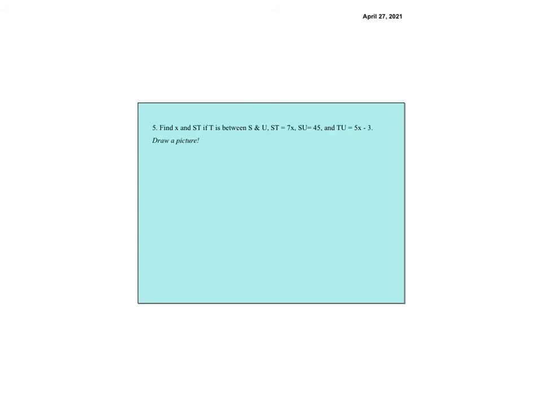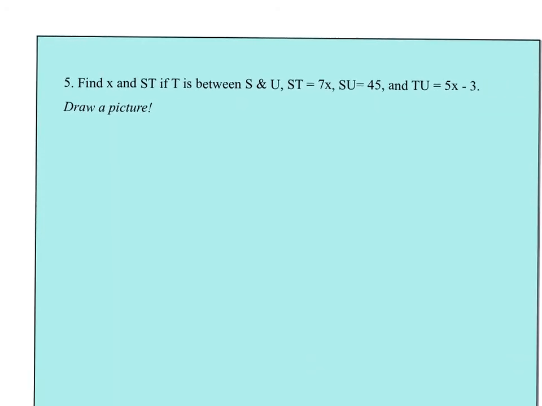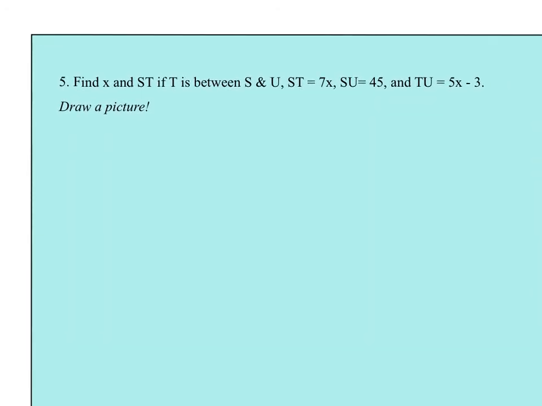So now, they don't give us a picture, but they say, find X and ST. T is between S and U. We don't know where; it's arbitrary. So we have S, we have U, and T is somewhere in between.